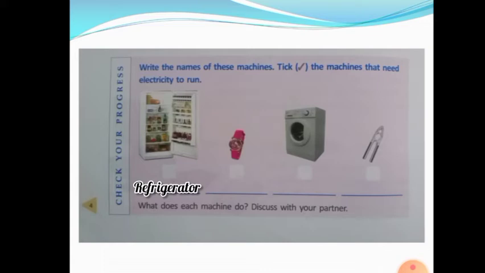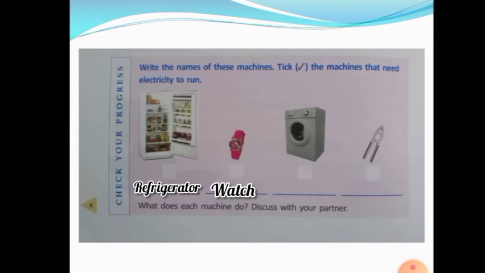What is the second picture? What is the name of that? Watch, W A T C H. Watch. Yes, write it in your notebook.